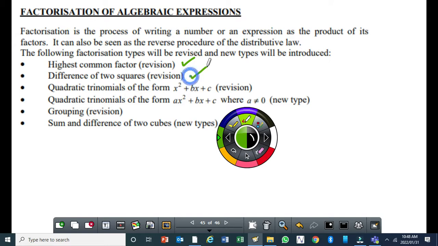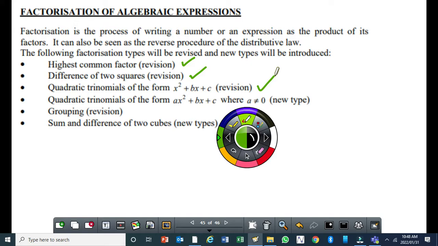Then difference of two squares. Did that last year, so we're going to repeat that again. Then we factorize quadratic polynomials. We did that last year. Or you call them trinomials. They are also called quadratic polynomials because they have the x squared.